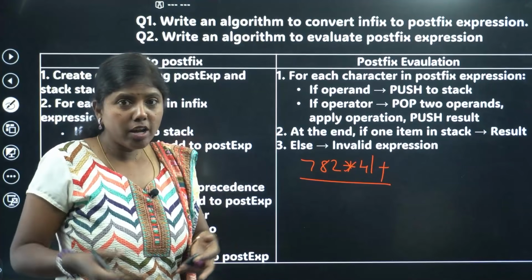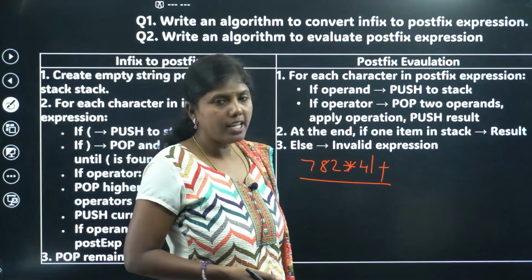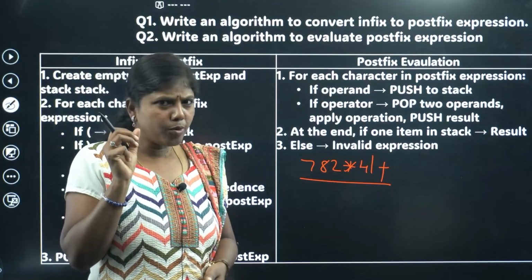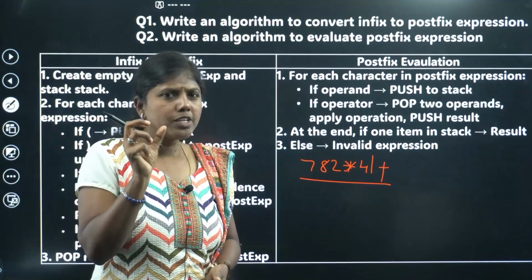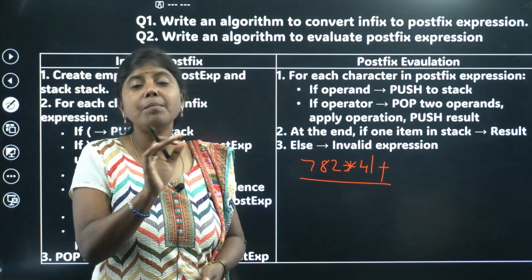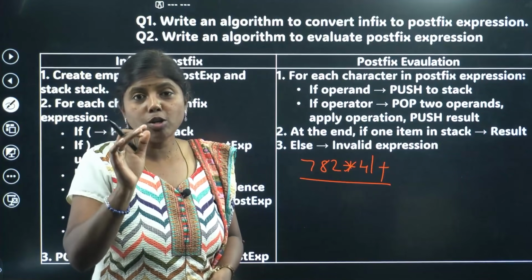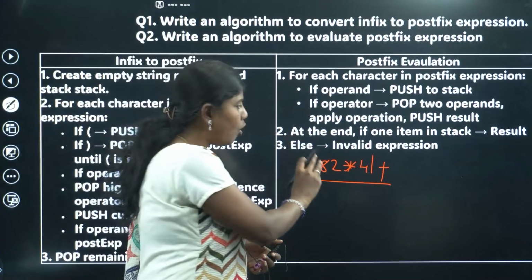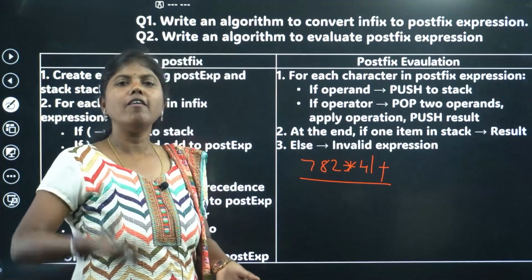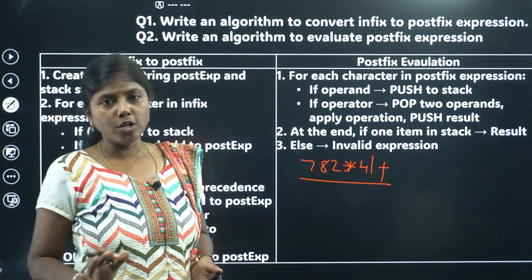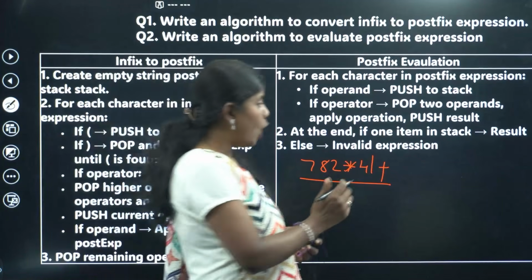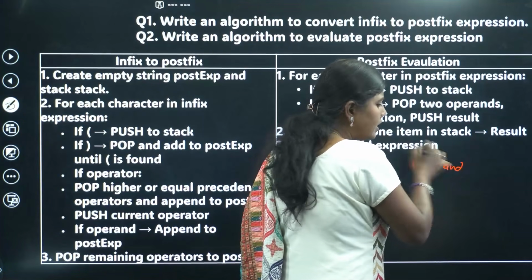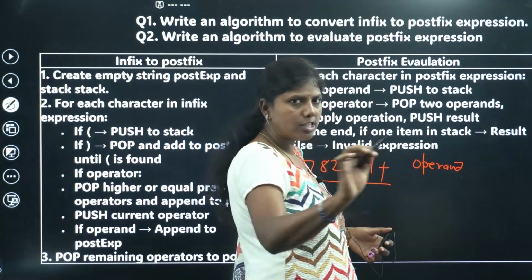Of course, I'm explaining the algorithm only. With an example, it will be more clear to you. In case of a postfix expression, you will not get any kind of parenthesis at all. You will get only the operands and the operators. What you have to do with respect to an operand, and with respect to an operator? Keep traversing from left to right.